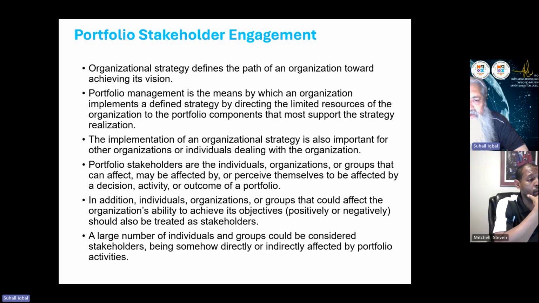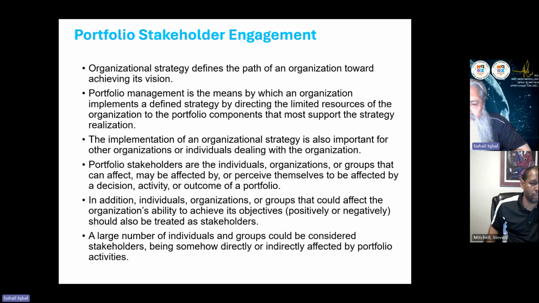It implements a defined strategy by directing the limited resources of the organization to the portfolio components that most support the strategy realization. So this much is for the portfolio management relationship with the organizational strategy.